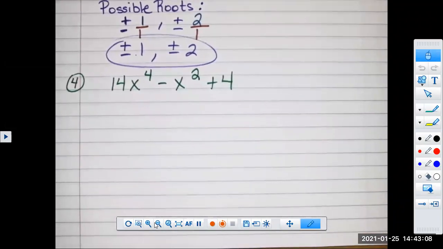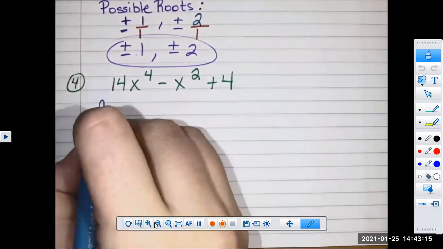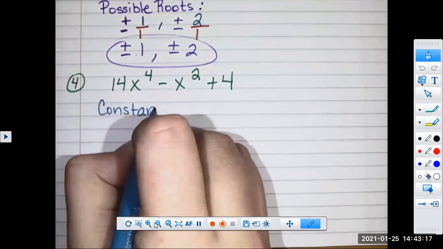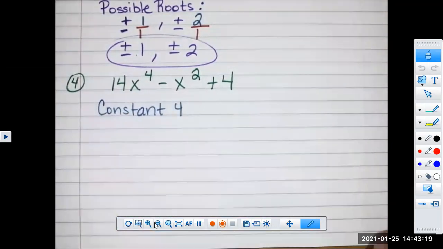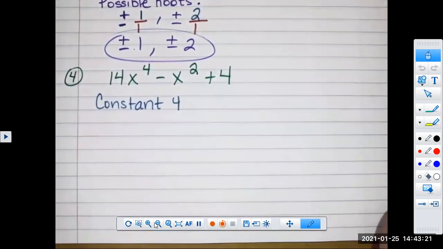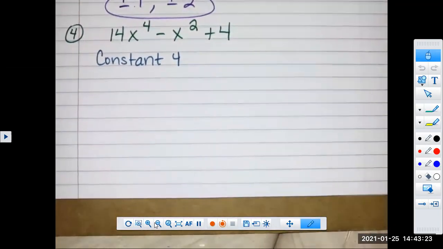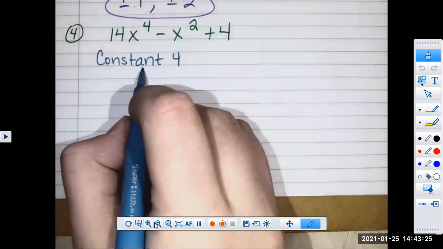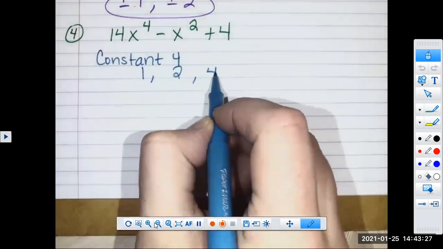Okay, what's your constant? Okay, your constant is 4. So let's list all the factors of 4. What are all the factors of 4? 1, 2, and 4.